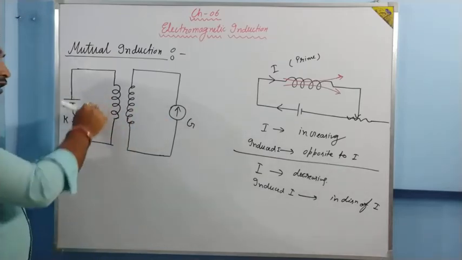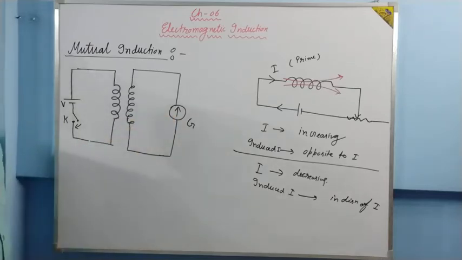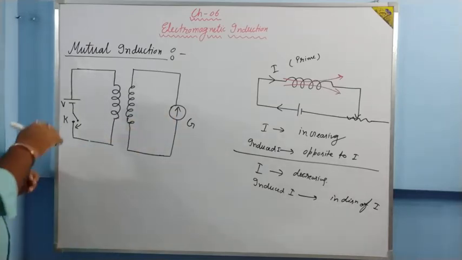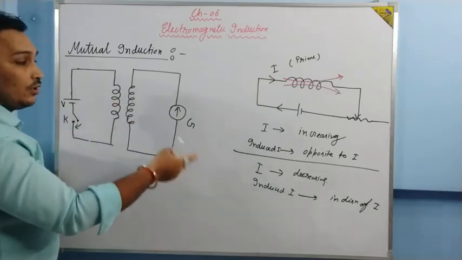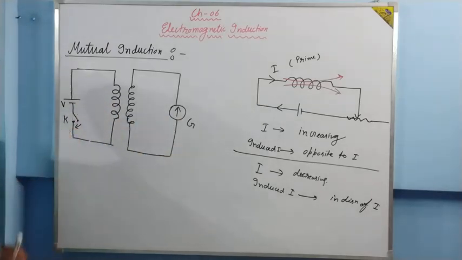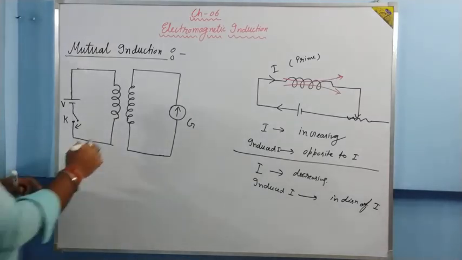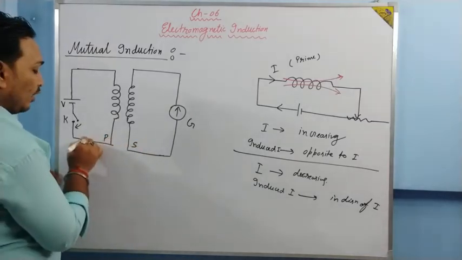When we switch off the circuit, then also there is a momentary deflection, but this time the deflection produced is just opposite to the previous one. The deflection during switching off was opposite to the deflection during switching on. Okay, so this is what we call mutual induction.